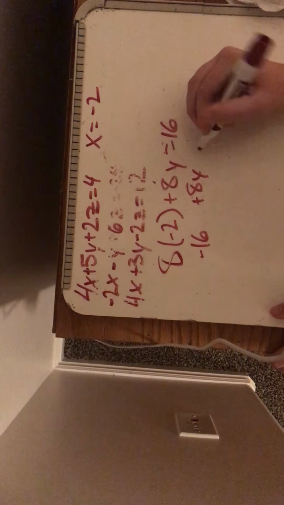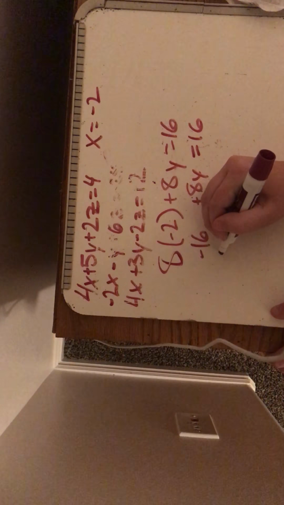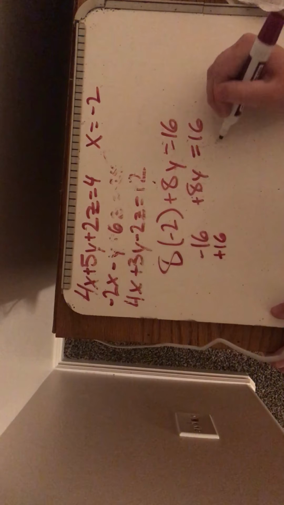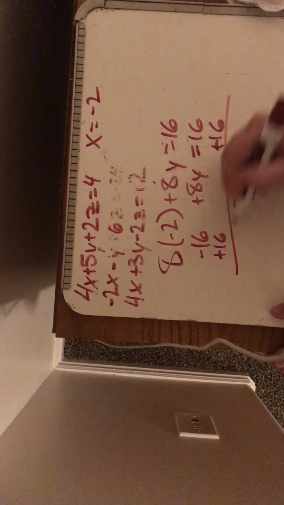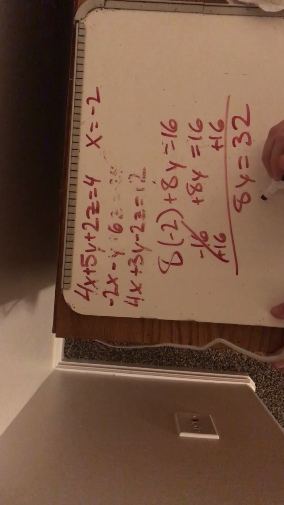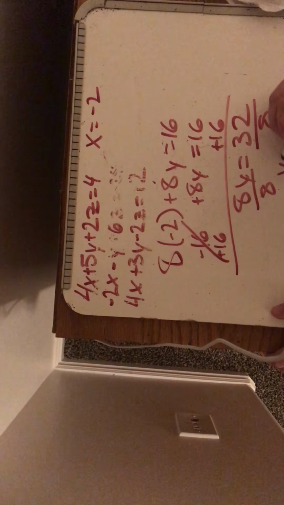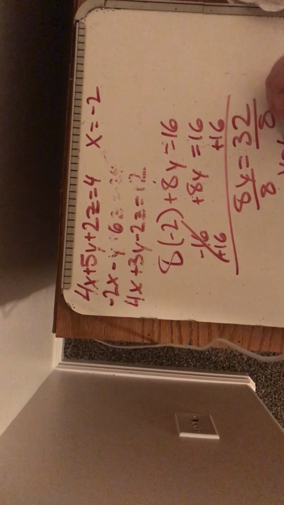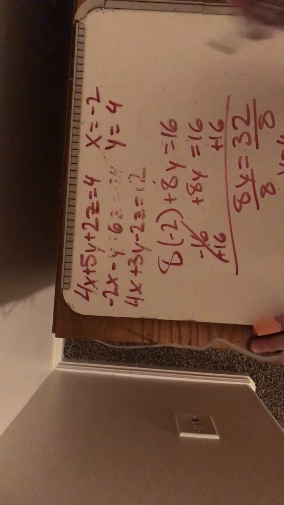My 8y still remains, and I saw my 16, so 16 plus 16, so that 8y there, those canceled. Still have that 32. You know your times tables. It's pretty simple. 32 divided by 8, you're left with y equals 4. There's our second variable.